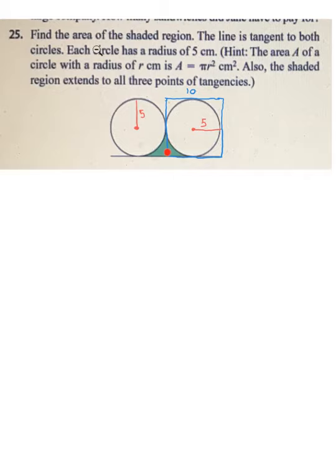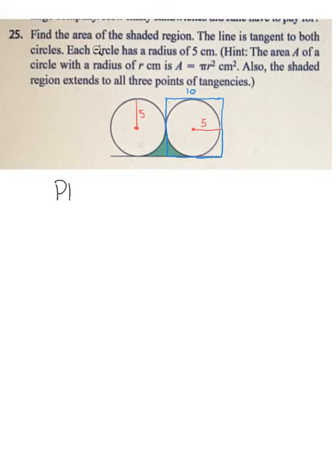And for each circle, I want one of these bits. So we'll take that leftover area and divide it by 4 to get the area of one of these bits. And that'll be for each circle, and there's 2 circles here, so we'll multiply this area by 2 to get both of these areas. So that's going to be my plan.